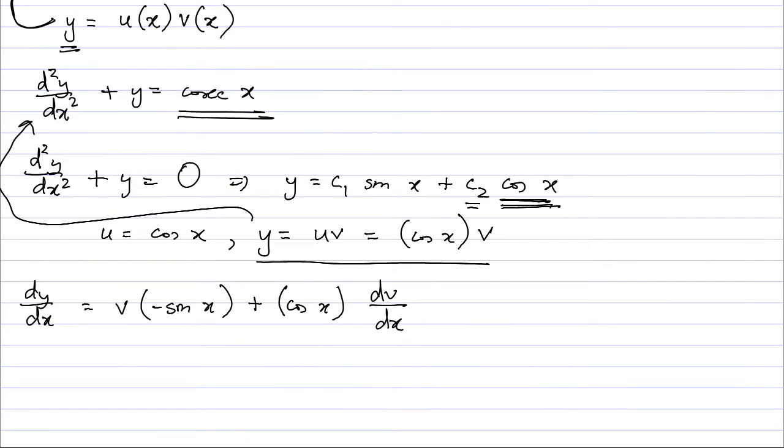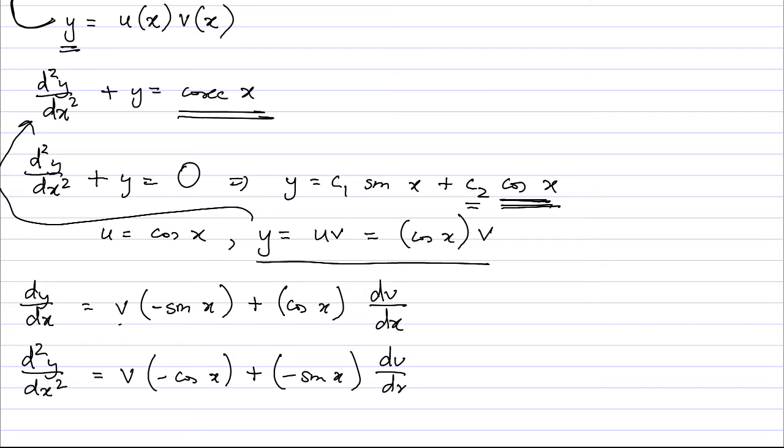So you differentiate dy by dx, again applying the product rule. v you take outside, minus sine x, the derivative of that is minus cosine x, then you have minus sine x times dv by dx. And then you have cosine x times the double derivative of v, plus dv by dx times minus sine x.